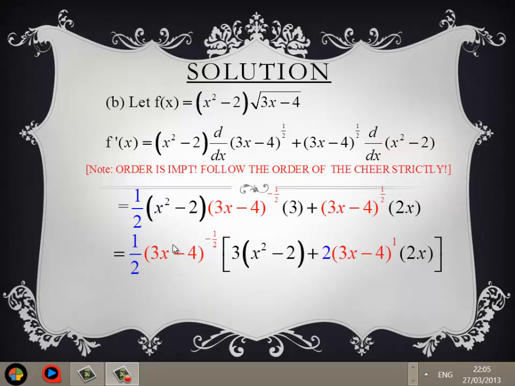If I take out common factor a power minus half, I'm going to get 1 here, and for this term I'm going to get a power 1. Let us work backwards, okay? A power 1 times a power minus half, and you will get a power half.